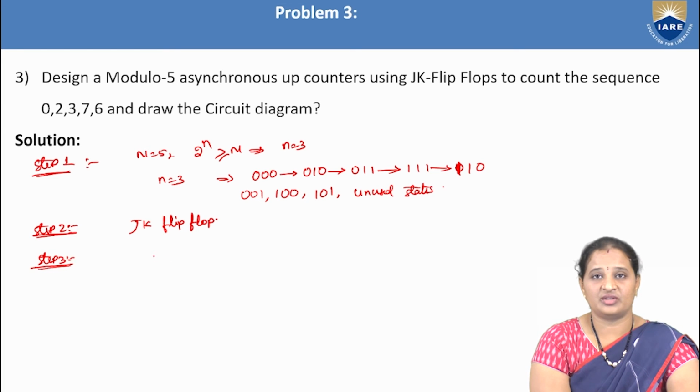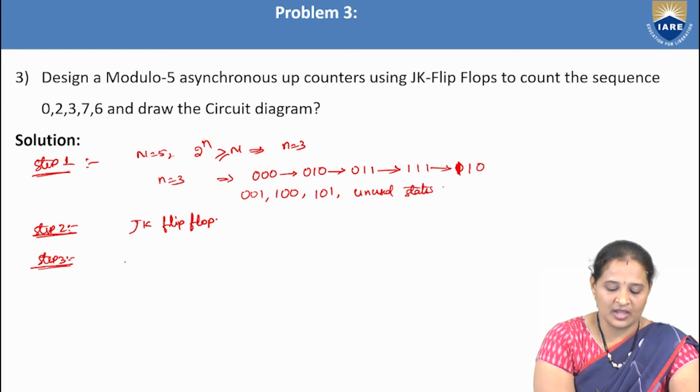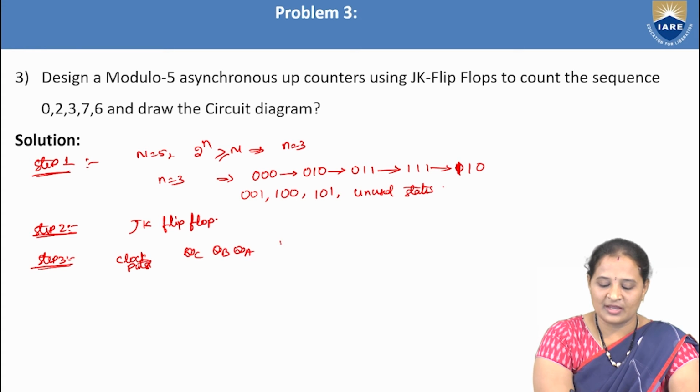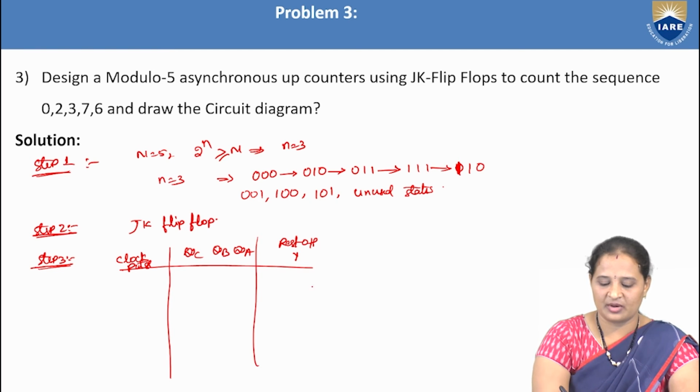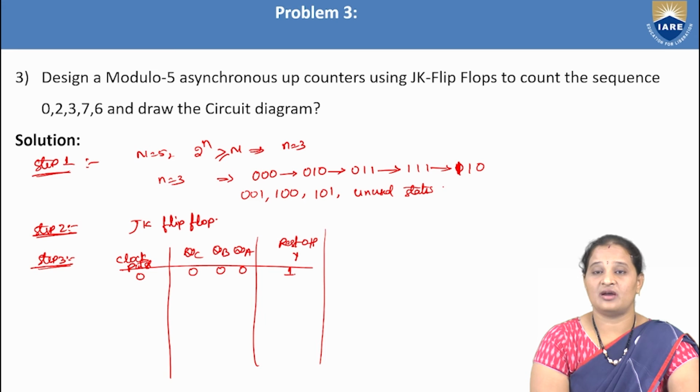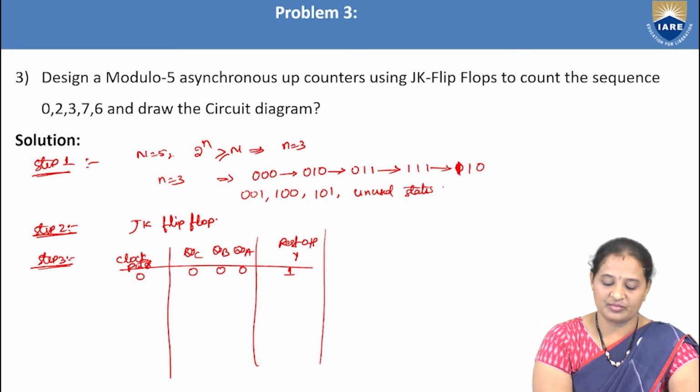As we require 3 flip-flops here, I'm taking the clock pulse, and we have taken 3 flip-flops, QC, QB, QA, and here the reset output, which is Y. So this is the truth table I am taking. Initially the flip-flop is in 0 state, and we have to consider the active low reset input here.